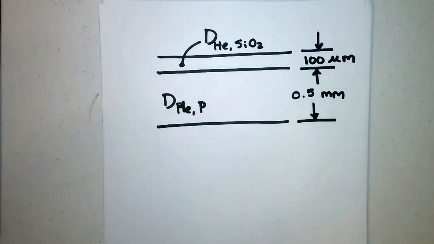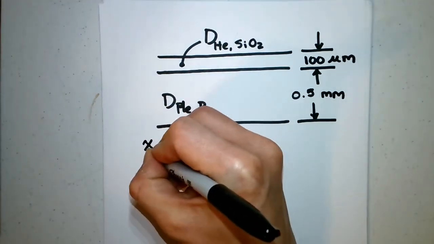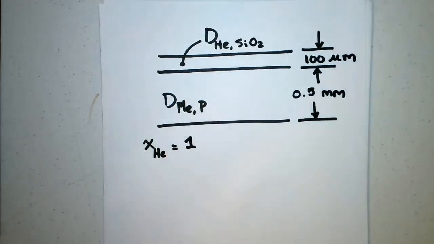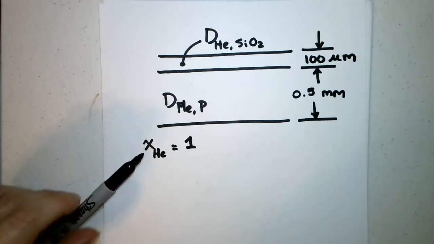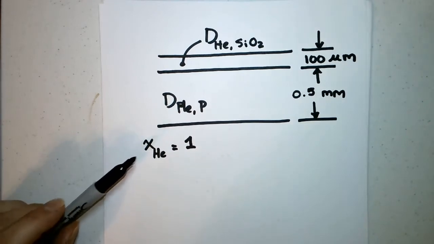We'll do a P. And we were looking at having some pressurized helium on this side, so the fraction of helium is 1 here. And it's also common to write gas fractions, especially if we're looking at mixed gas phases, as a Y instead of an X.